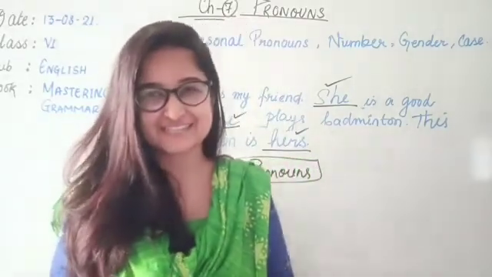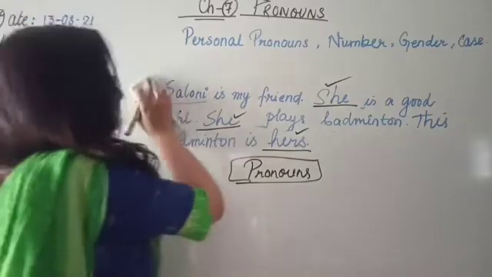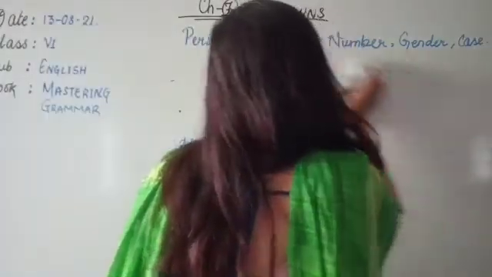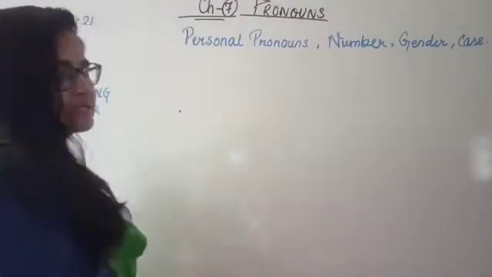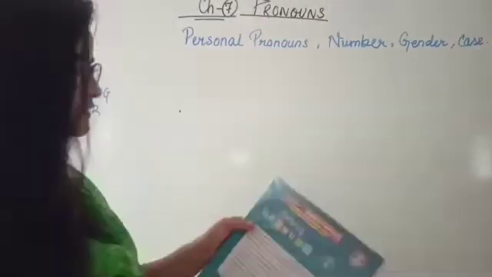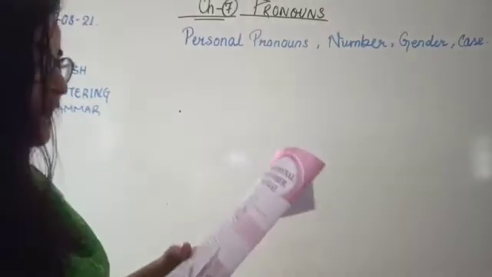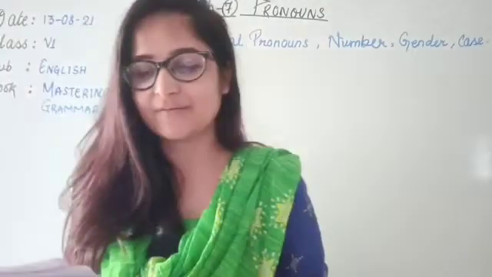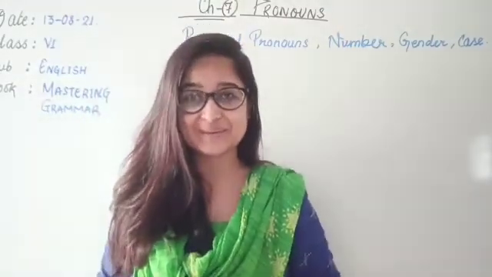Now circle the pronouns in the given sentences. The first exercise we have is circling the pronouns. So I won't be writing the complete sentences, okay? I will just write the word which you have to circle. I am feeling very hungry. So what do you think here will be the pronoun?